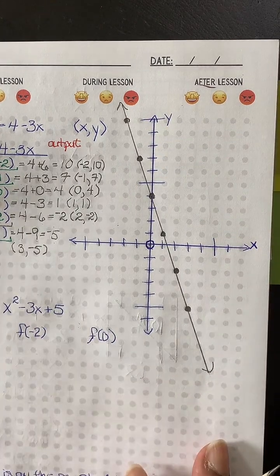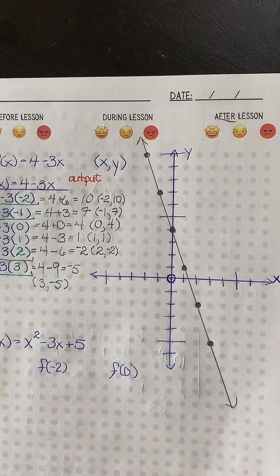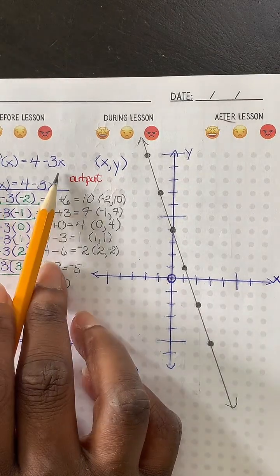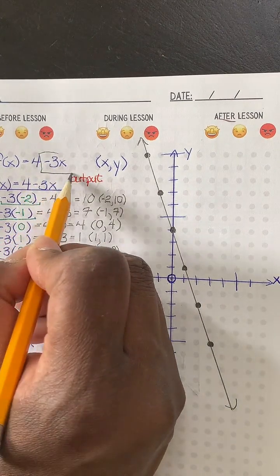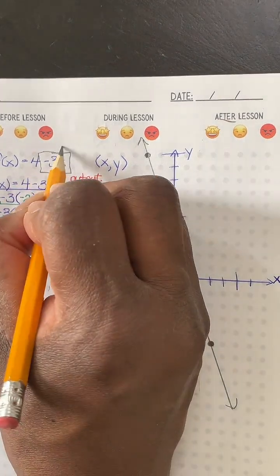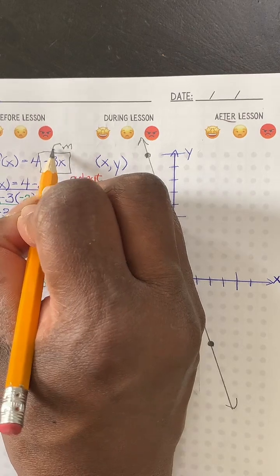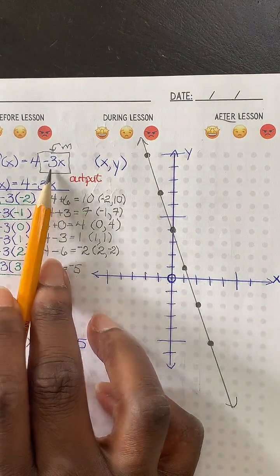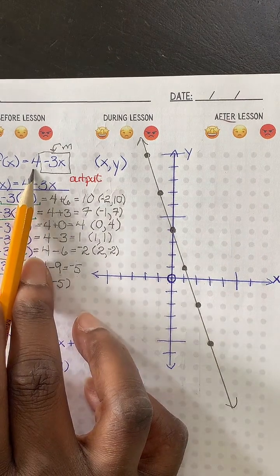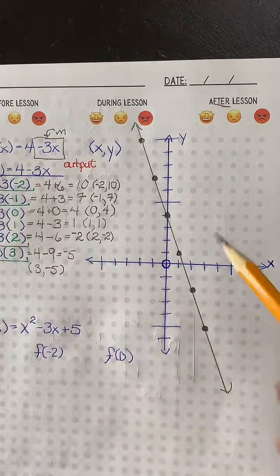And just like when we were doing graphs back in the day, here is my slope. Okay, my slope was -3. My y-intercept is 4. Let's take a look.